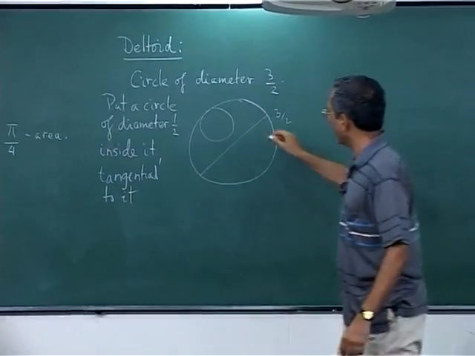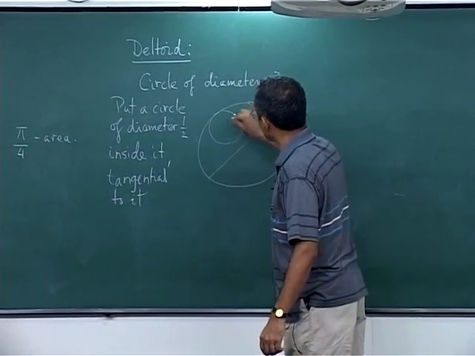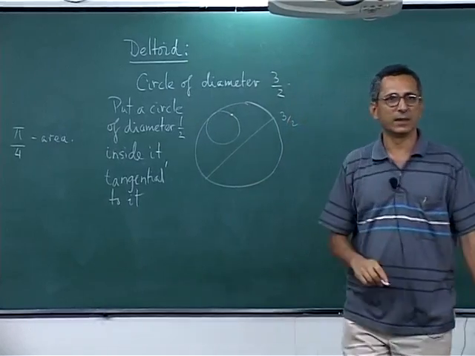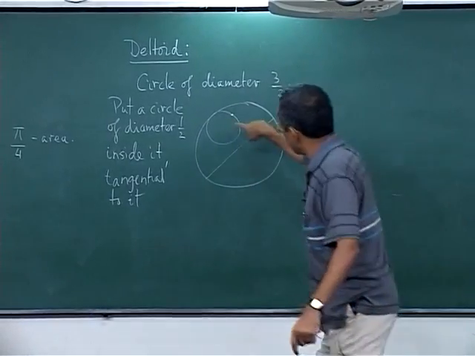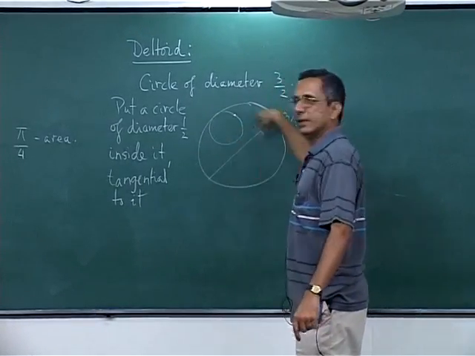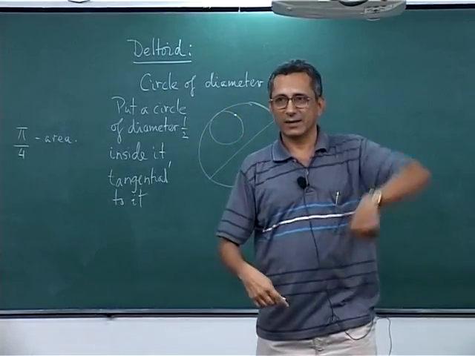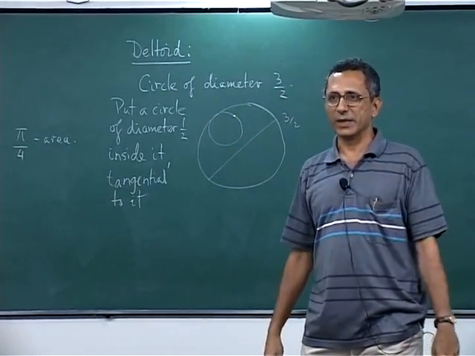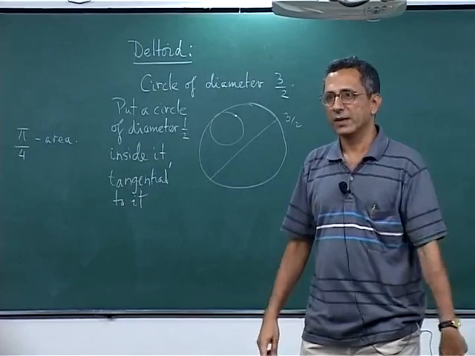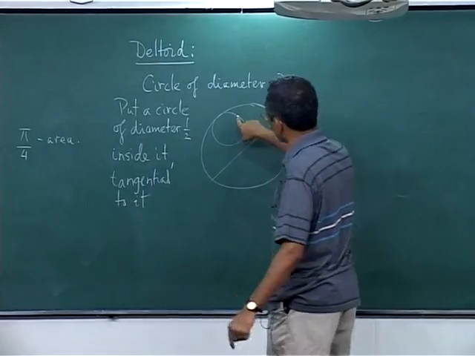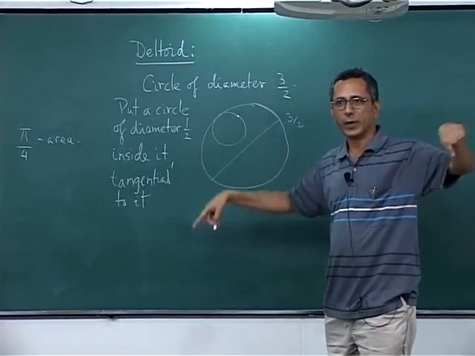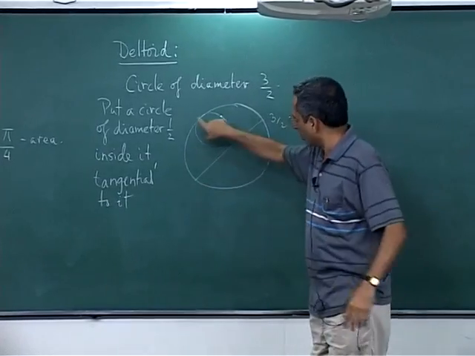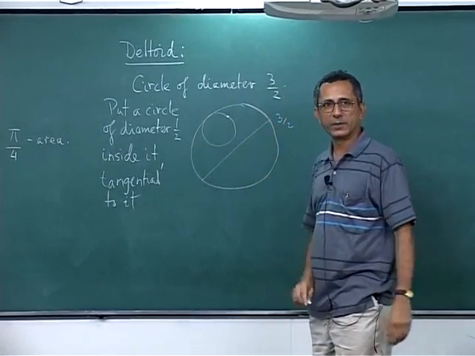Now take any one point on the inner circle and rotate this small ball along the wall of the bigger circle around. Look at the path that is the locus of this point as the circle rolls on the inner ball.